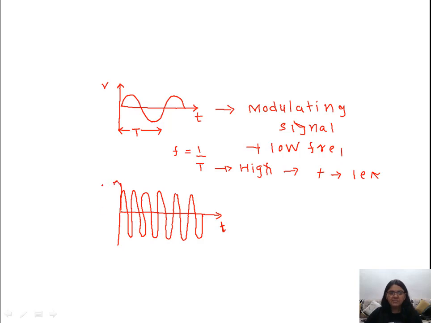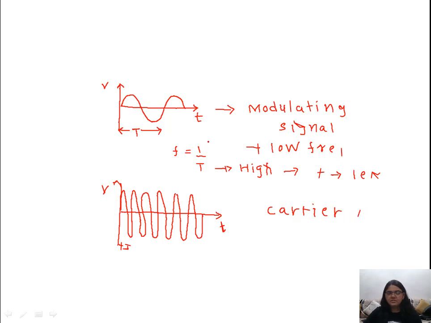So keep in mind the low frequency signal and the high frequency signal. For the high frequency wave, T value is less, so F value is high, and this is known as the carrier signal.